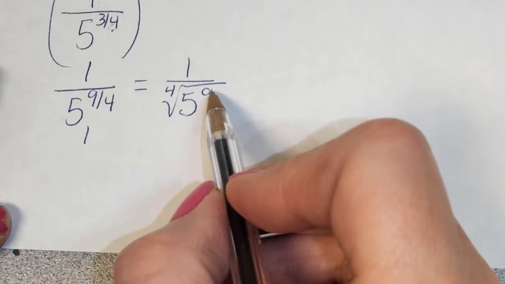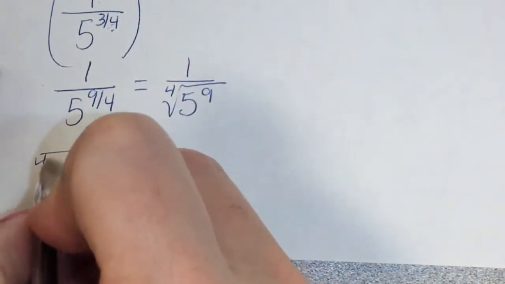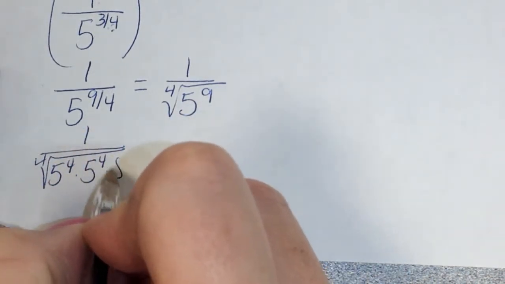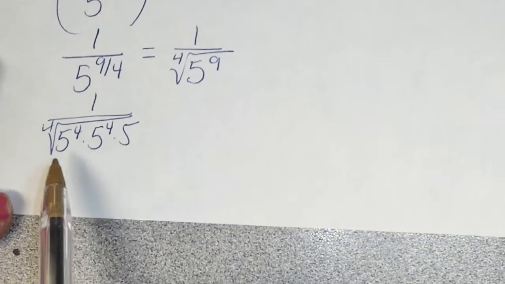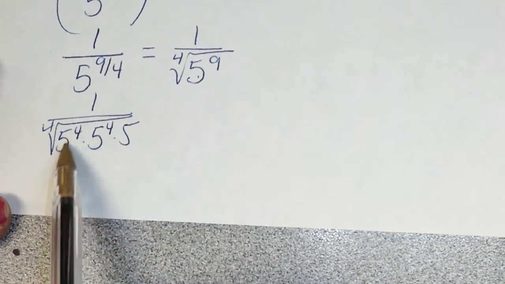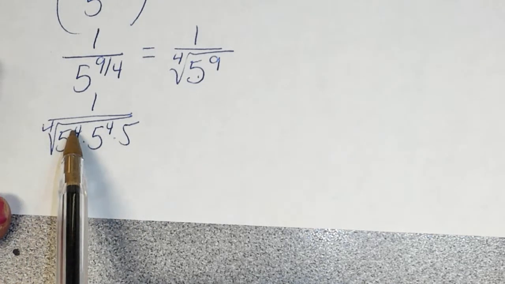The 4th root of 5 to the 9th. Well, here's what it means. I've got the 4th root of 5 to the 4th times 5 to the 4th times 5. Everybody see why it would be the same thing as that? Because it's 5 to the 9th, and I'm making these to the 4th, because what's the 4th root of 5 to the 4th? Just 5.